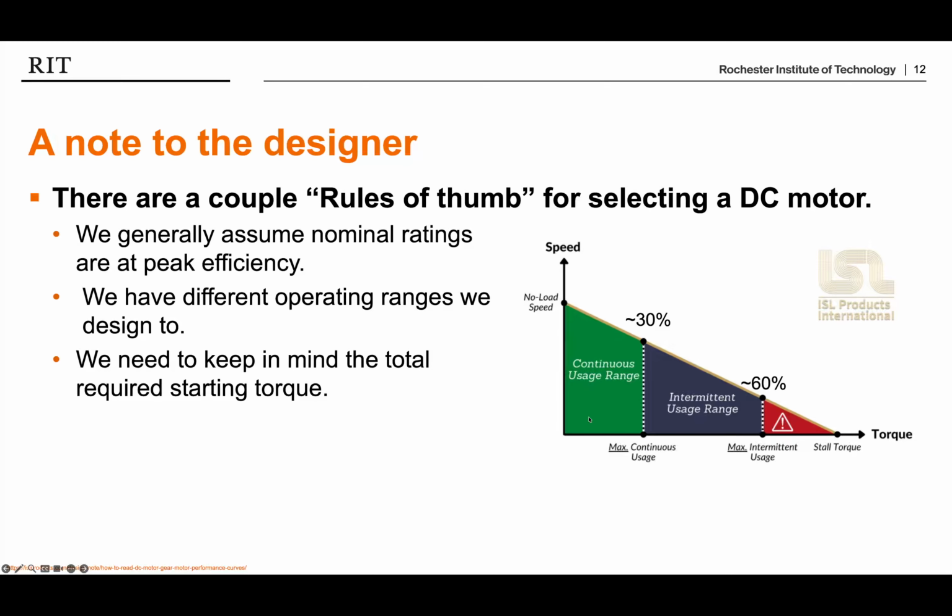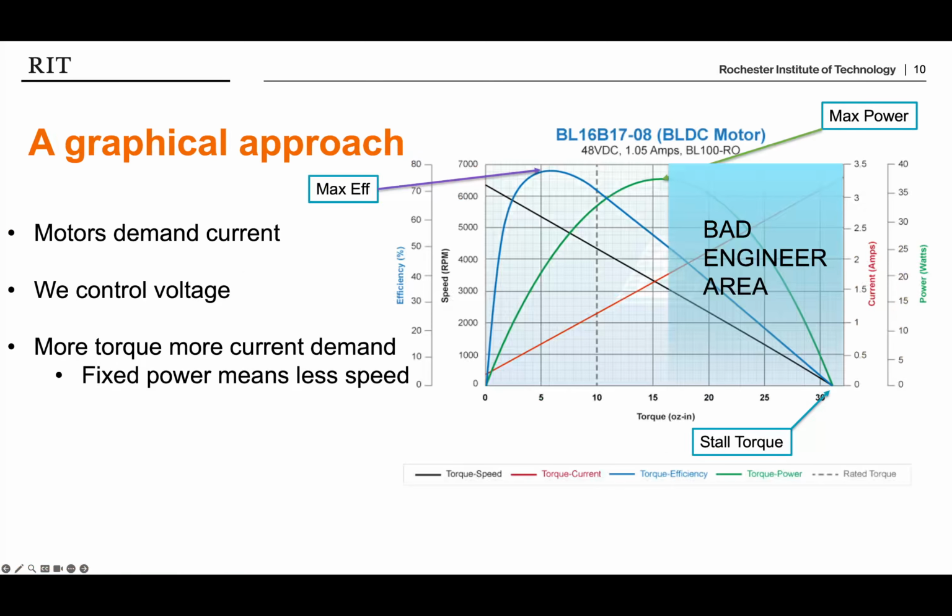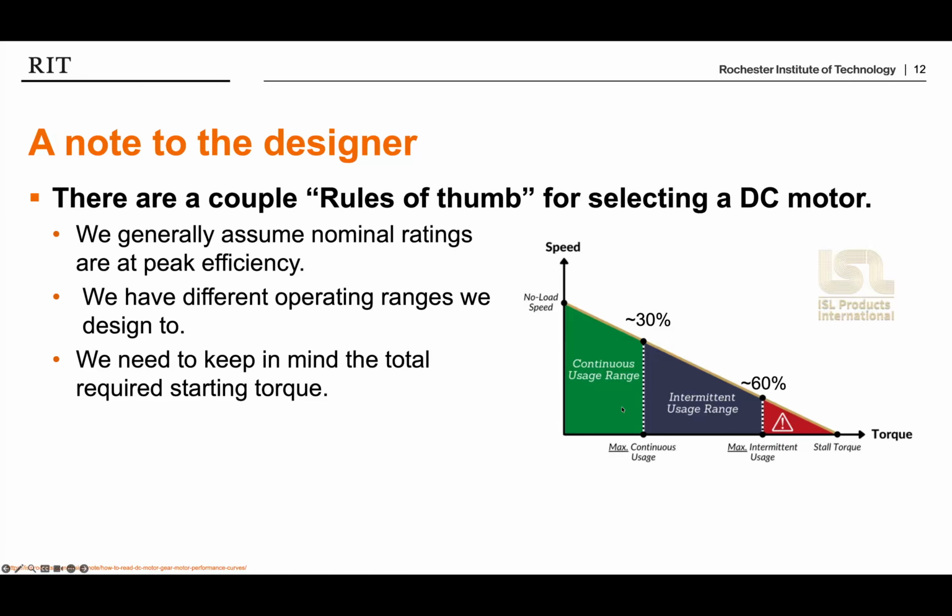We would like to pick a motor where, when it's running at constant velocity conditions like normal day-to-day usage, it exists in this 30% or less. And if you think back to our little graphical approach here, it kind of looks like efficiency would fall into that zone. And indeed, that is what this is trying to get across, is that this is where most motors are efficient. We typically like to design continuous usage near efficiency. Now, maybe something happens, right?